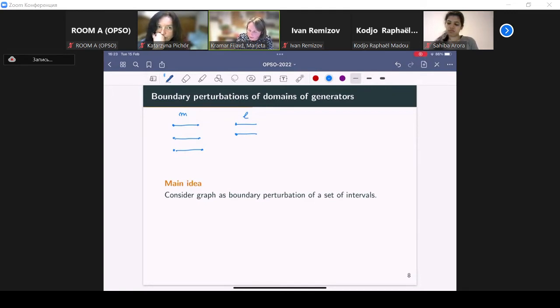What do I have on each of these edges? Here is always 0 and here is 0 to 1. The main operator here is the first derivative, and we know that it is a generator of a translation semigroup.